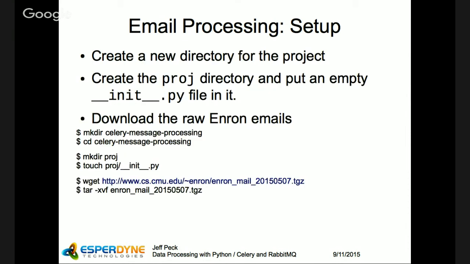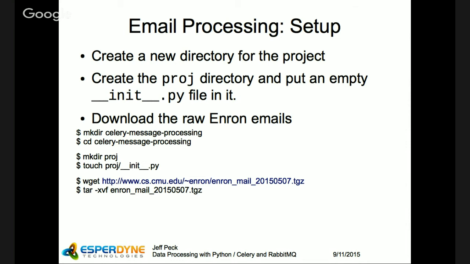So you'd create a new directory for the project. I called it Celery Message Processing. And then we create a proj directory. That's the Celery project. By convention in Celery and all the documentation on Celery's website, proj is the name of the project directory. You can call it whatever you want, but we keep to the convention.